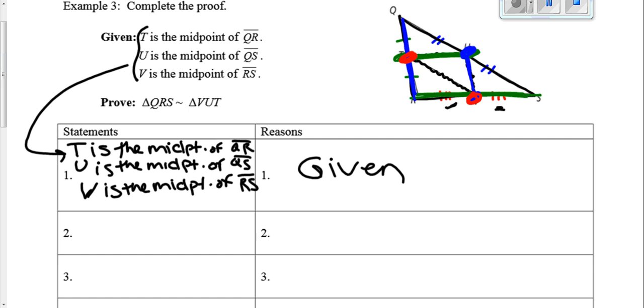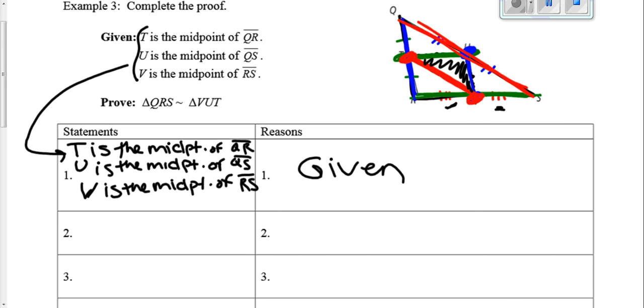T and V are midpoints of two sides, and the line that they create is half the distance of the other side of the triangle that doesn't have a midpoint on it. So that being said, my little circle in the middle, the red, green, and blue one, all the sides are 1/2 the distance of the outer sides of the big triangle.